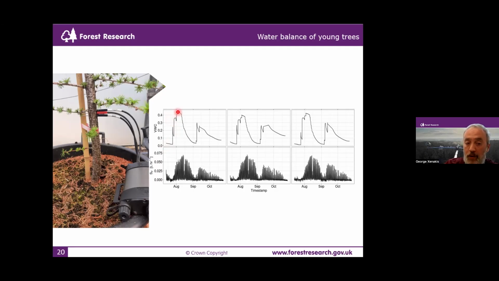We've reached a point where they have enough water in the soil, and you can see how the daily variation of water uptake is moving, from the soil up to the trees, and we can see that it is in liters per hour up to 0.07.